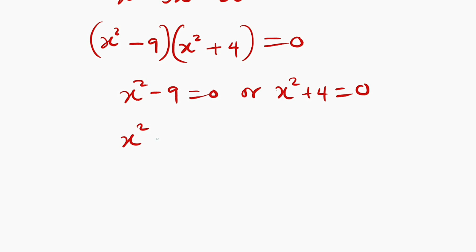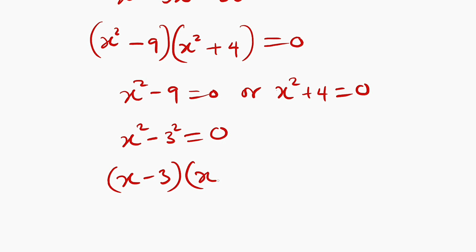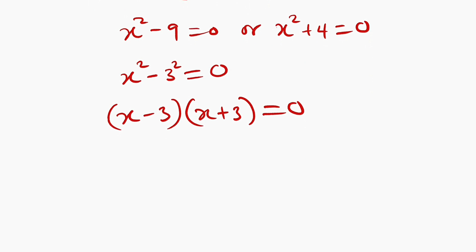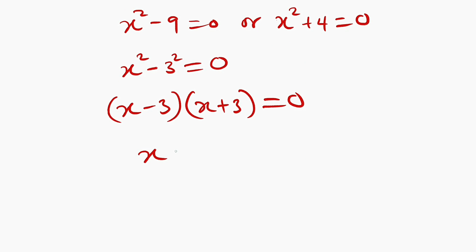X squared minus 3 squared equal to 0. This is x minus 3 multiplied by x plus 3 equal to 0. If you set each of these factors to be 0, x is either equal to 3 or negative 3. So we can say that x is equal to plus or minus 3, right?